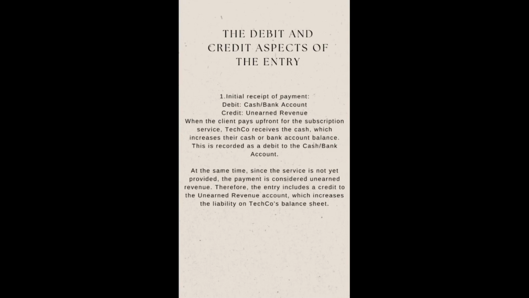This is recorded as a debit to the cash or bank account. At the same time, since the service is not yet provided, the payment is considered unearned revenue. Therefore, the entry includes a credit to the unearned revenue account, which increases the liability on TICO's balance sheet.